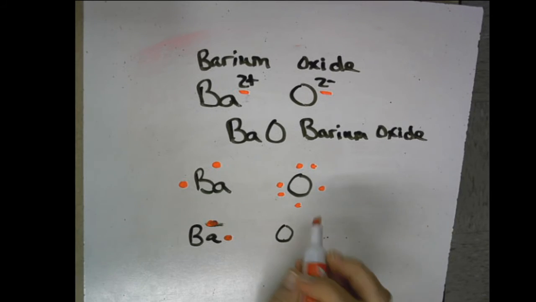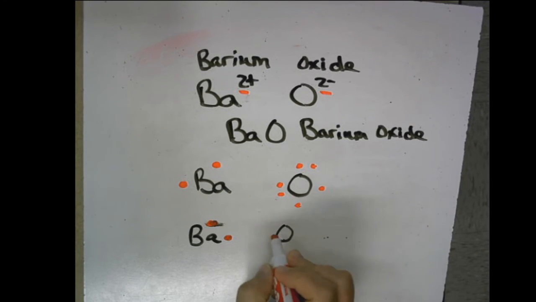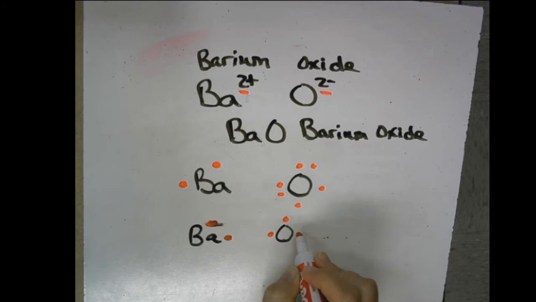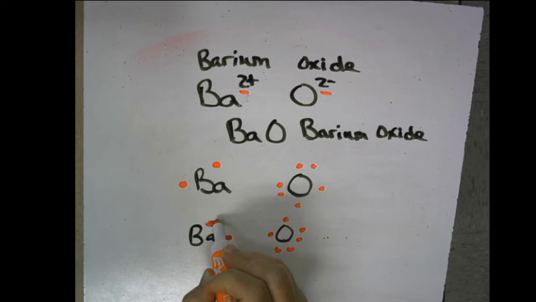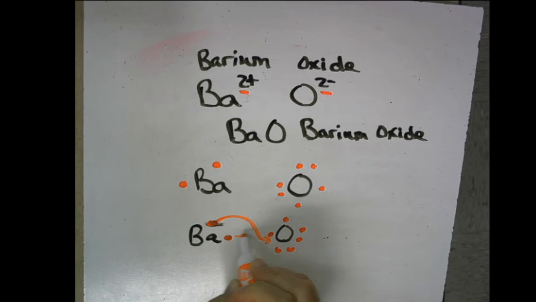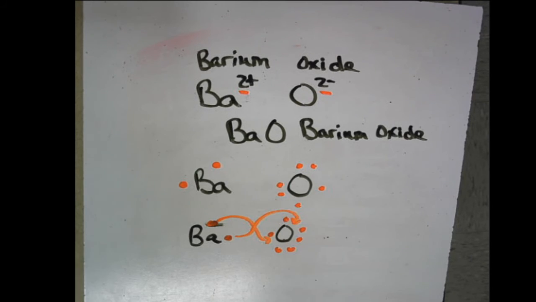So I'm going to place my lonely little electrons, my little friends, over here. Here are my lone pairs. Then I will show the transfer. Okay, so one will go here and one will go there.